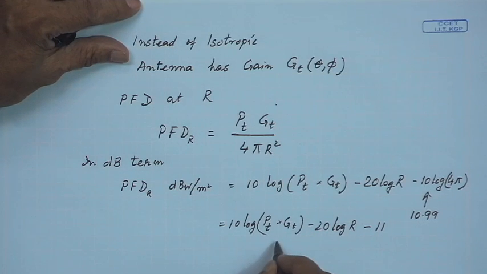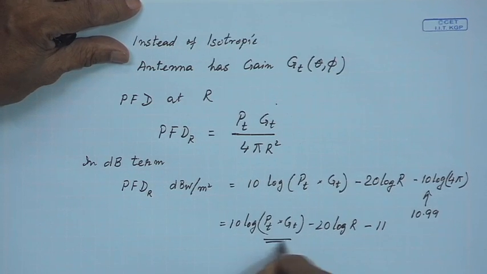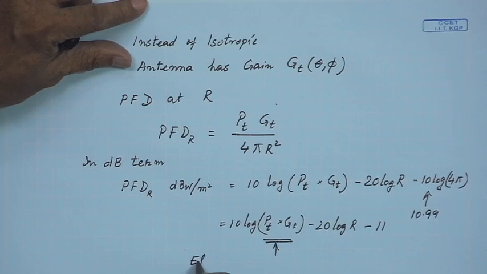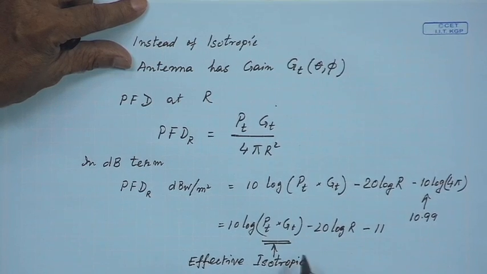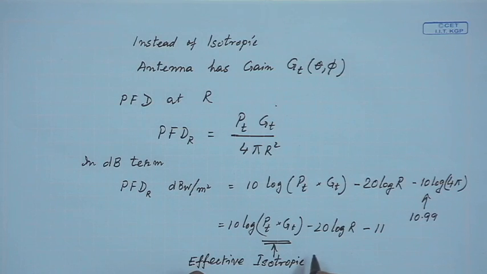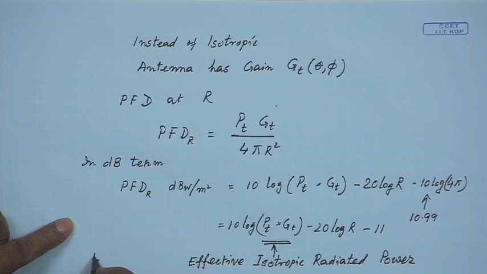So, the multiplication of these two is a term which is called effective isotropic radiated power. In short, it is called EIRP.